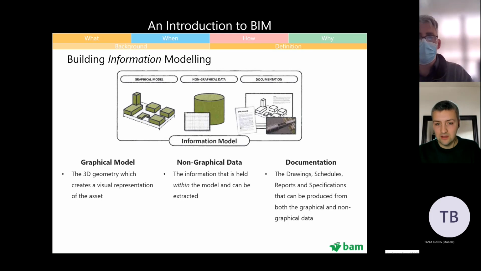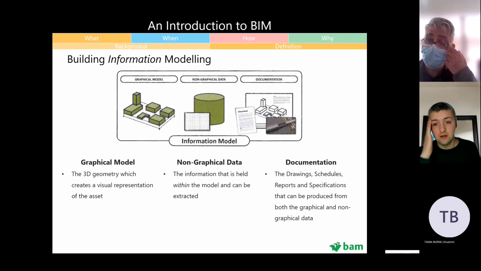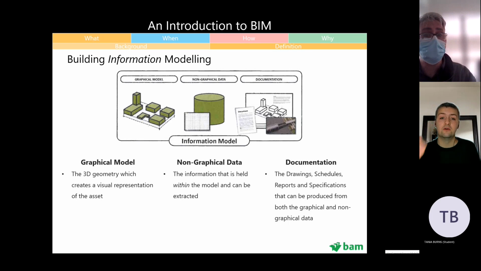So in a lot of cases, the main reason they're actually using the software at all is to produce the drawings, because on site the drawings are still king. That's what subcontractors are building off, but it's so much more efficient than it was before. You've still got companies up and down the country who are not using this. They're using AutoCAD.